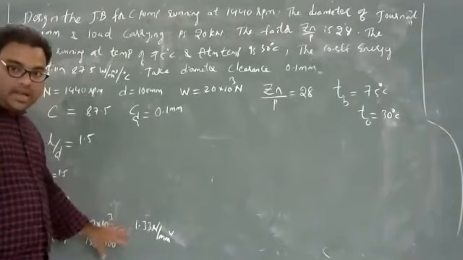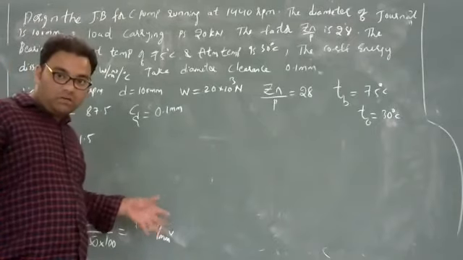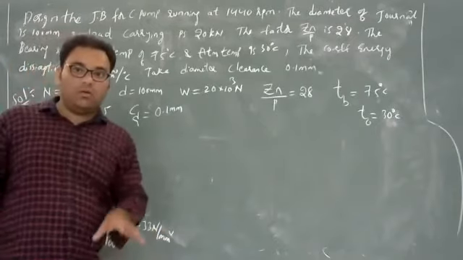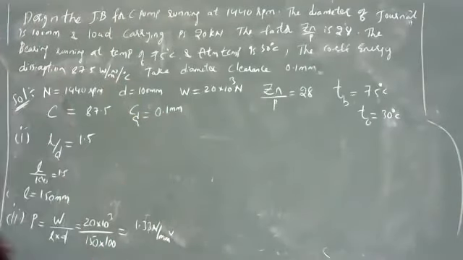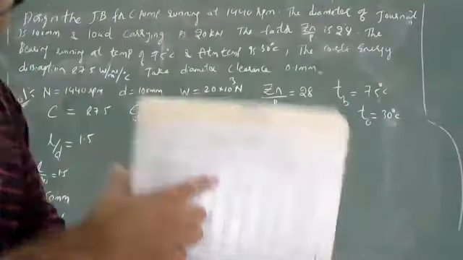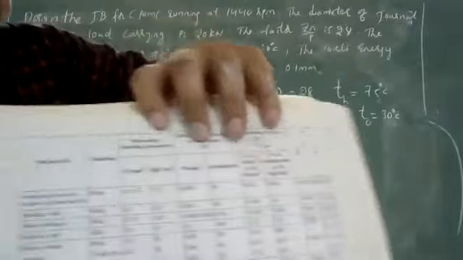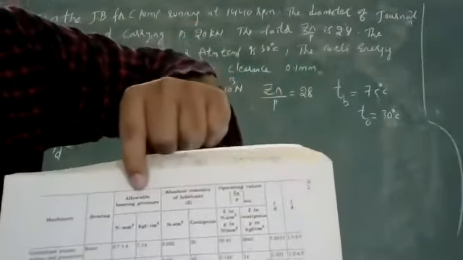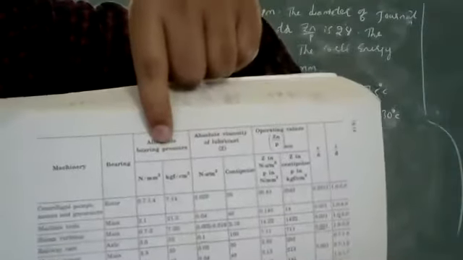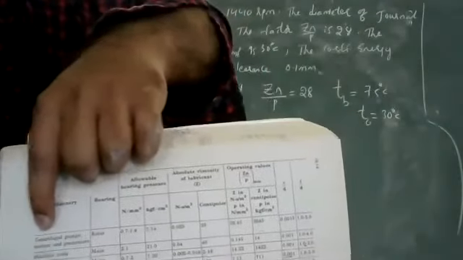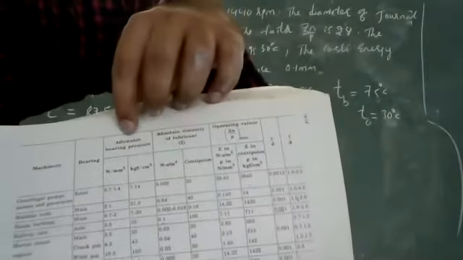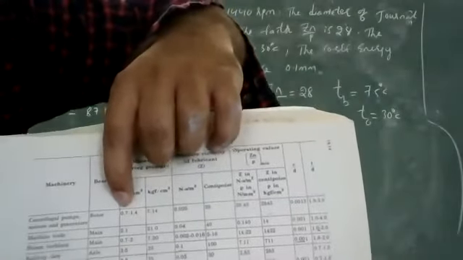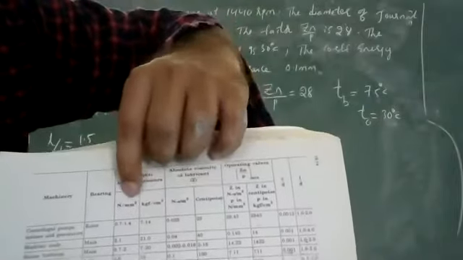Now, is this design safe or not? Again we have to follow the data book. The pressure we got is 1.33, and for the centrifugal pump the allowable pressure is mentioned clearly. The allowable pressure ranges between 0.7 to 1.4 Newton per millimeter square.